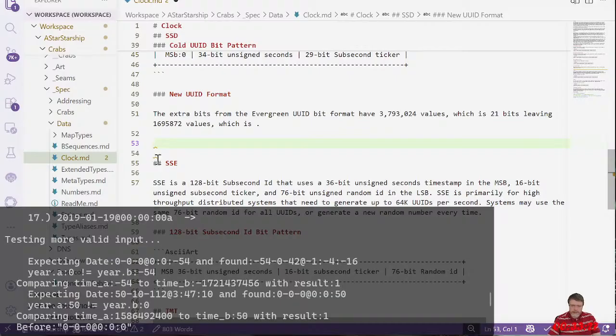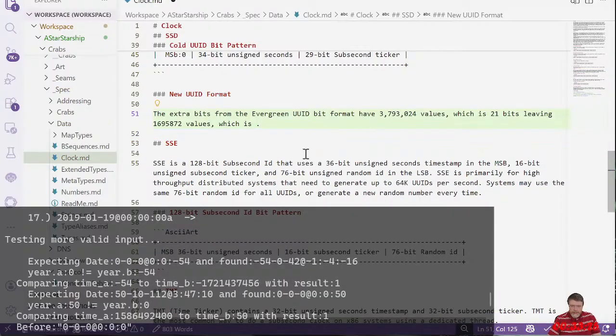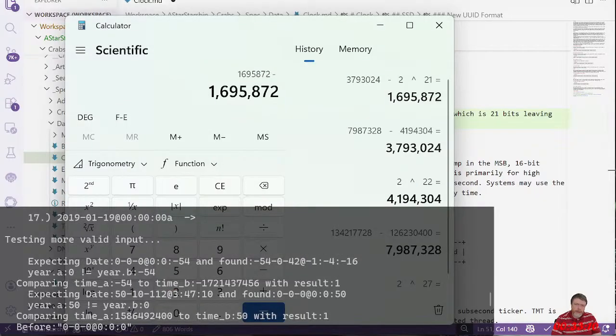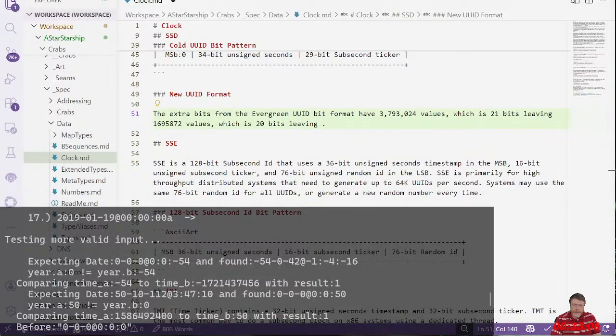What is it? 20 bits, leaving, minus 2 to the 20th, which is 19 bits. I mean, I can see the pattern here.